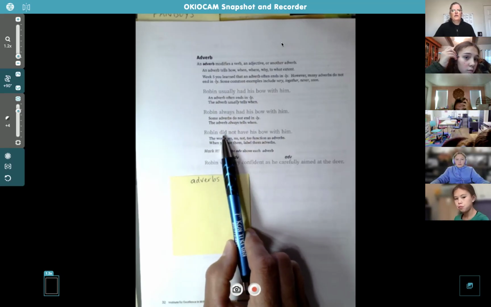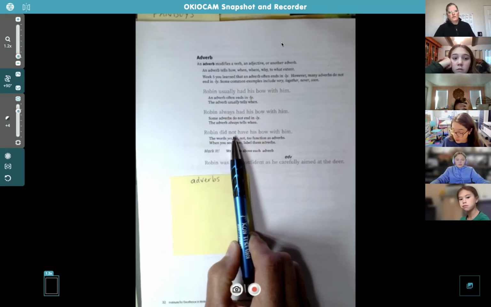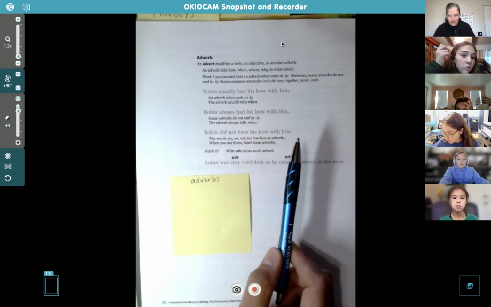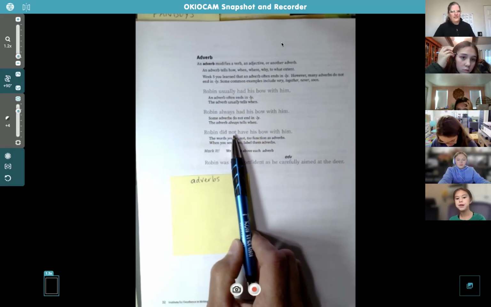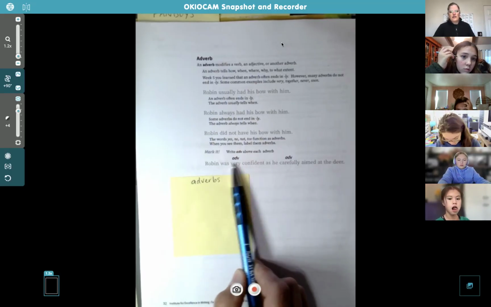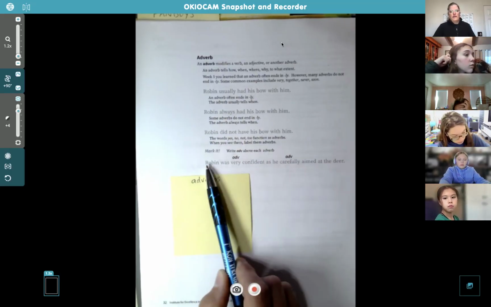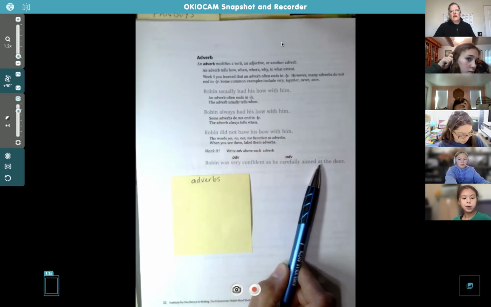And then here, Robin did not have his bow with him. That word not is actually an adverb because if you ask yourself, when did he have his bow? Not. He did not have it. And then the last example here shows how to label them. Robin was very confident as he carefully aimed at the deer.